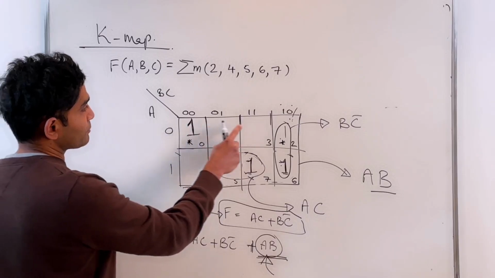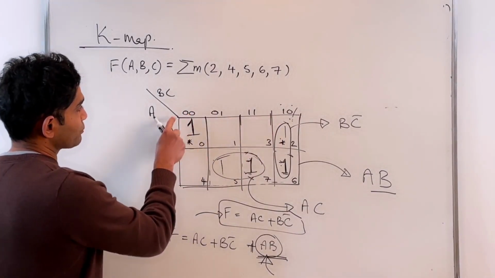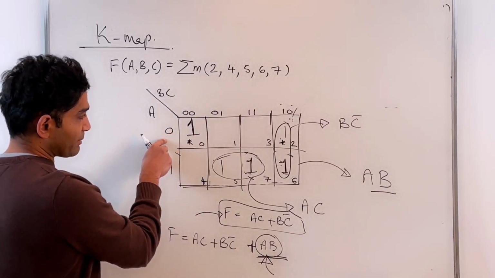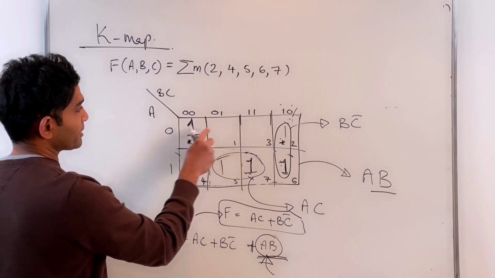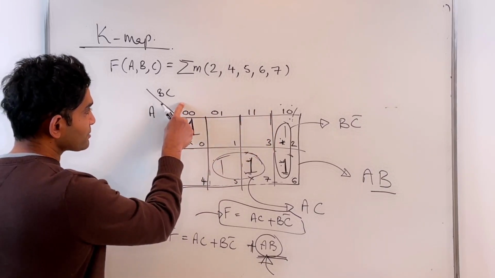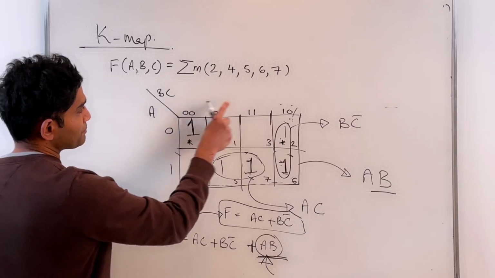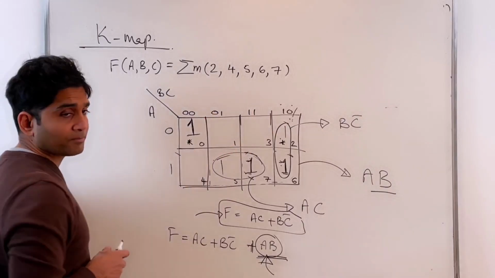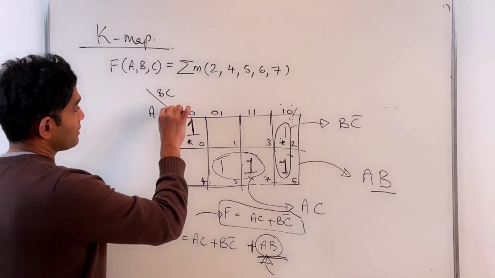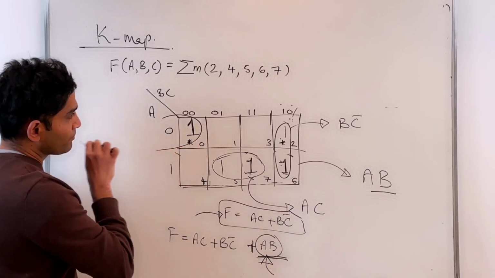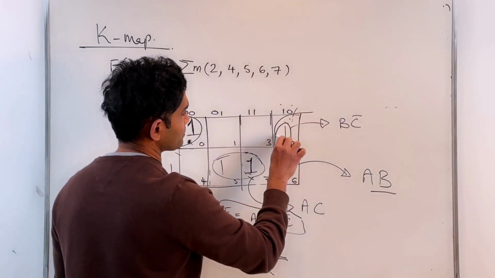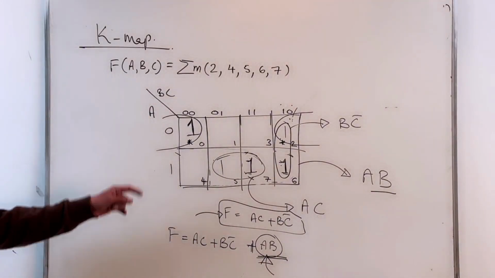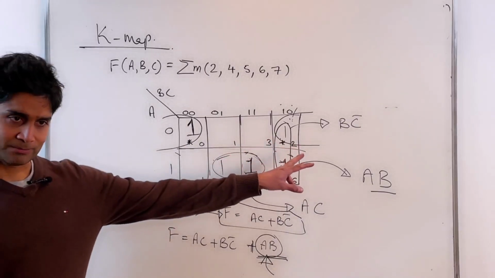Because when I go from this cell to this cell, I have 0, 0, 0, 0, 1, 0. My A doesn't change, A remains as A prime. When I go from here to here, B changes from B prime to B. C remains as C prime. So I can combine this cell with the number 2 in this way, and I can account for that one in this combination.